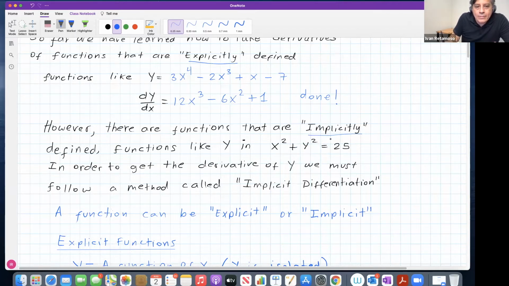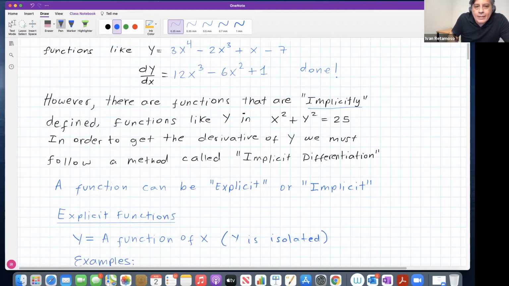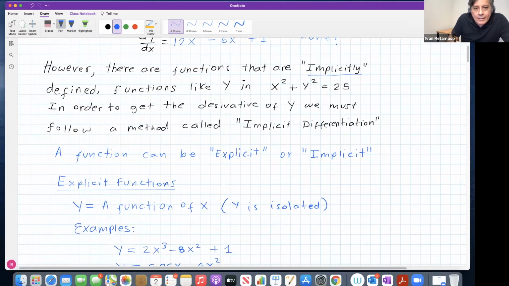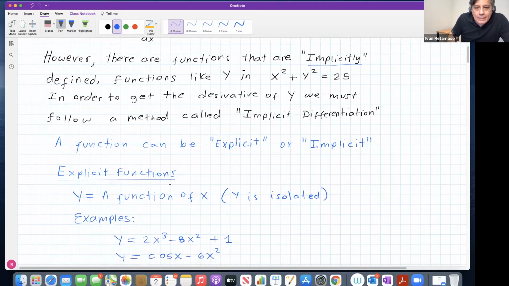These are called implicitly defined functions. In order to get a derivative of these implicitly defined functions, we must follow a method called implicit differentiation, okay? I will explain it now. But first, before we go into the method, I want you to have clear when a function is explicitly defined or when a function is implicitly defined.